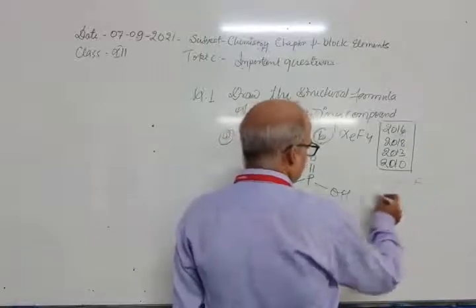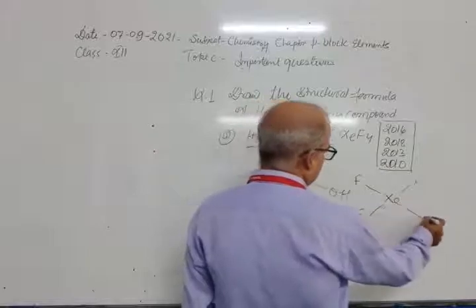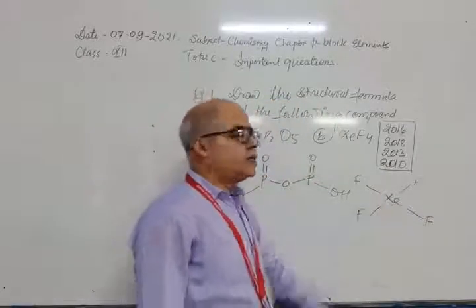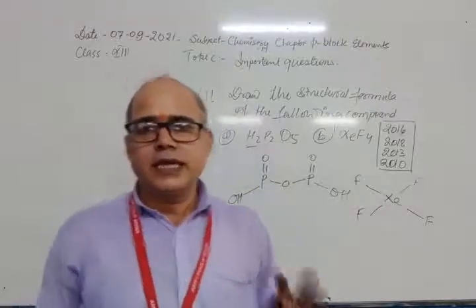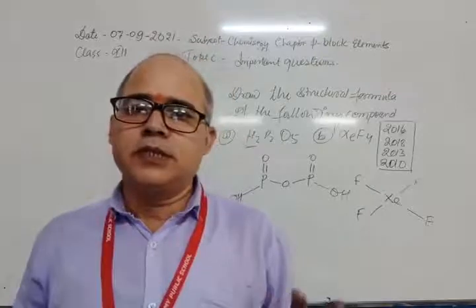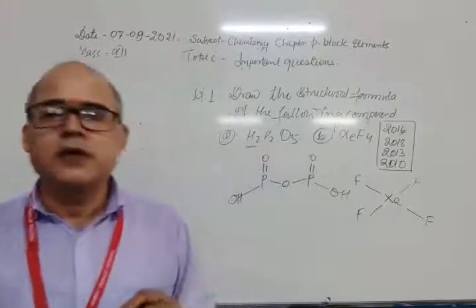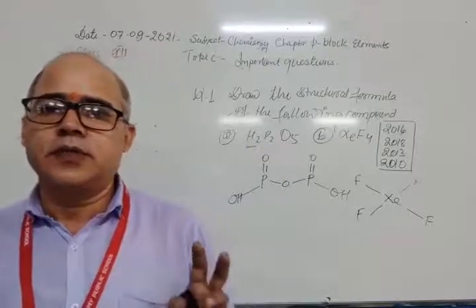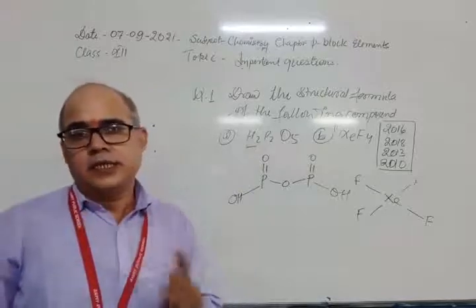Now the structure of XeF4 is a square planar structure. F, and F. Now see here, xenon has 8 electrons. Among these, 4 electrons are shared, 1, 2, 3, 4 pairs of electrons shared.